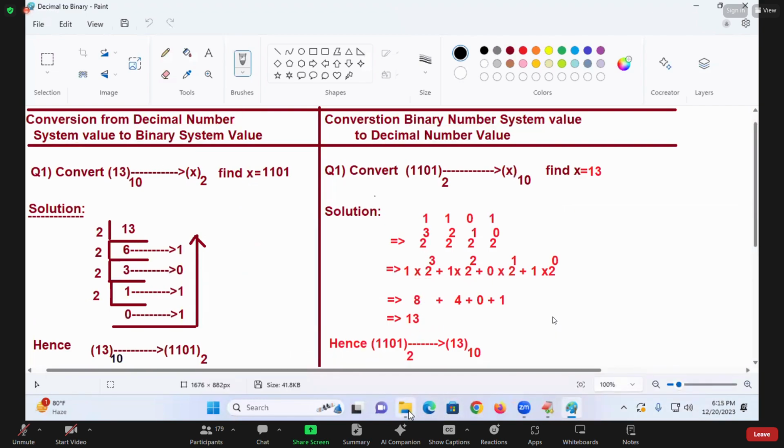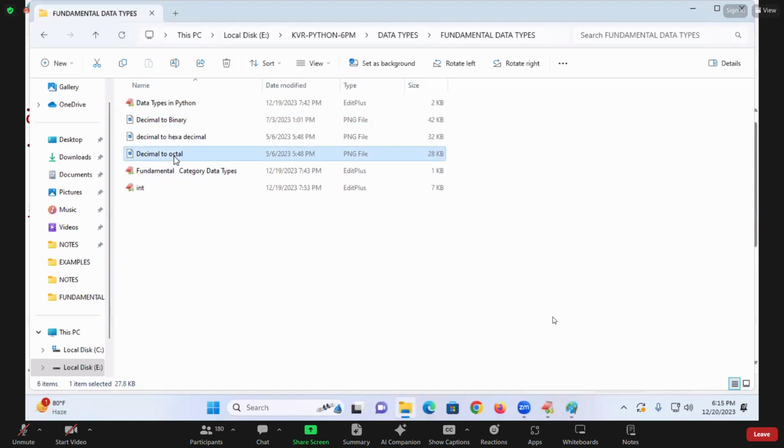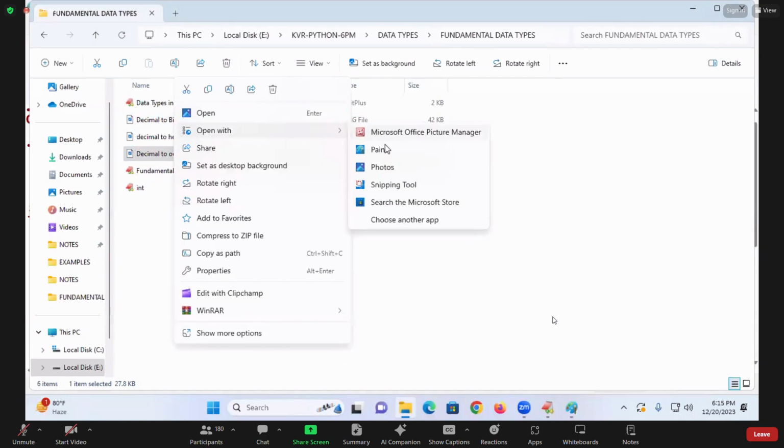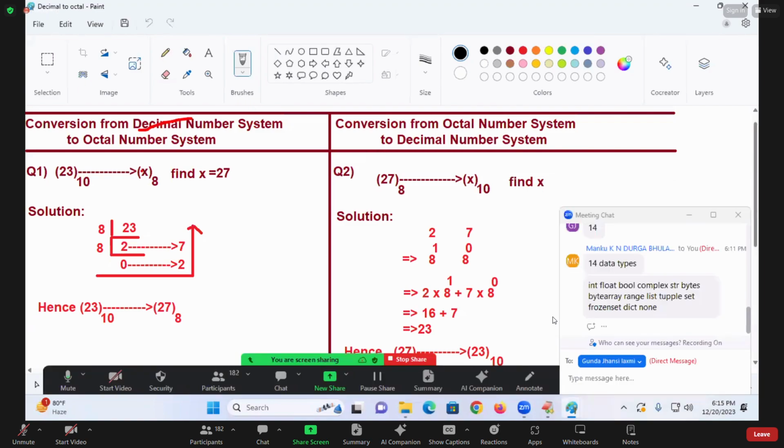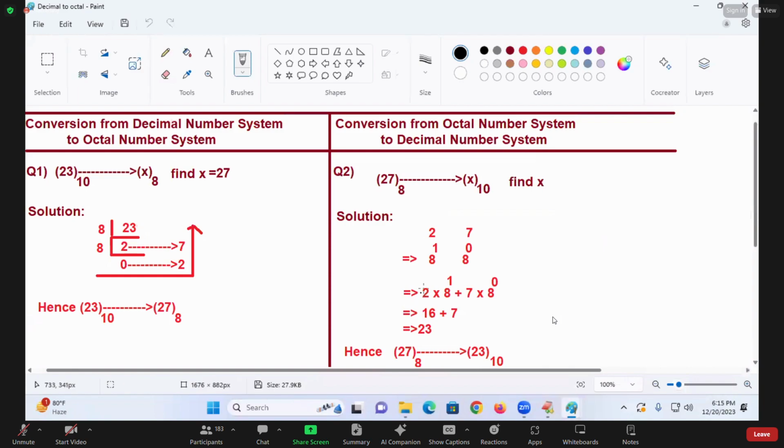I also gave decimal to octal, and the reverse, octal to decimal. This is what we already discussed in the class.